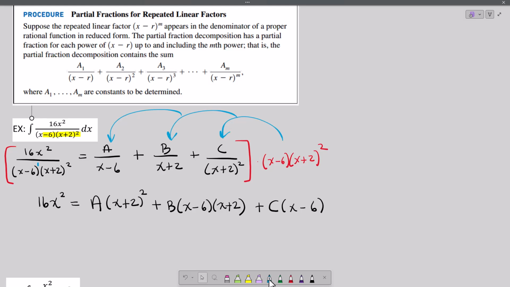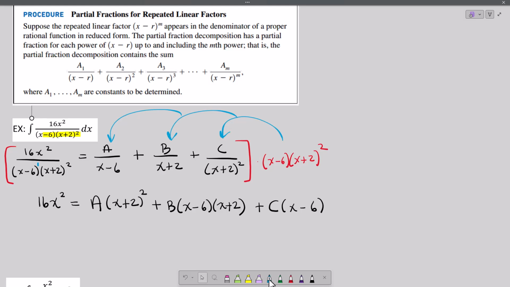When you add those together, the numerator is going to be linear. The only way we can get that numerator up to a power of 2 is to have something down here with a power of 2, so that when we get the common denominator, you're multiplying by x minus 6 over x minus 6, and that one multiplied by x plus 2 squared over x plus 2 squared.